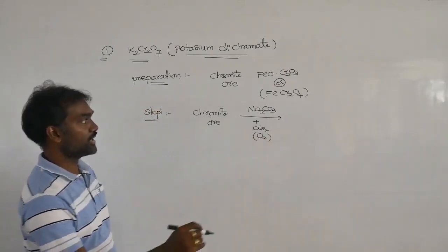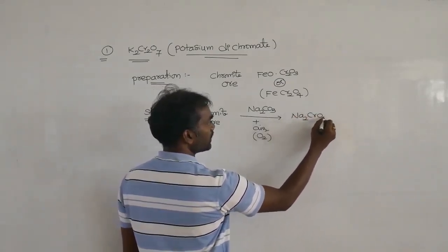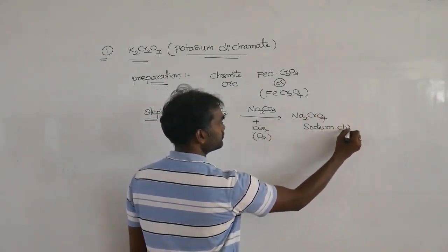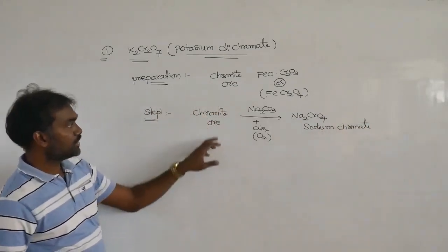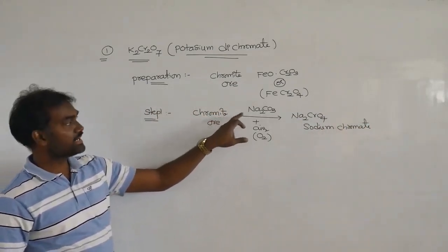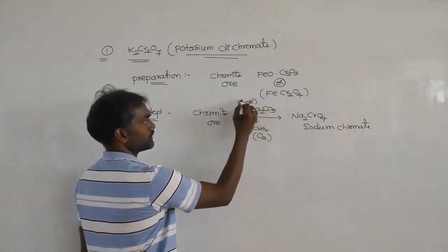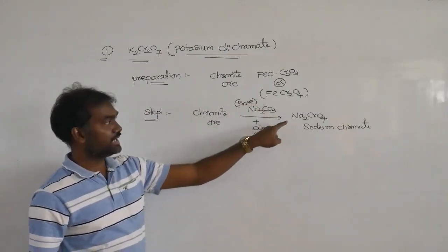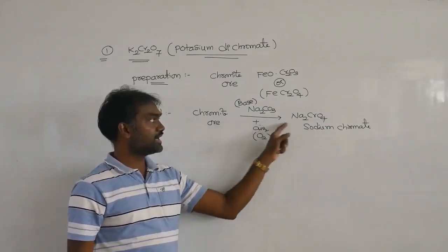Then you get sodium chromate, Na2CrO4. So how to write the matter? The chromite ore is treated with base Na2CO3 in the presence of air, then it gives sodium chromate. You write down that matter and then write down the equation.